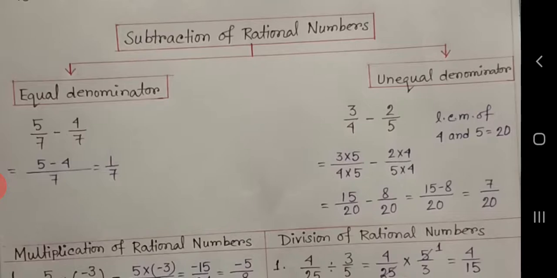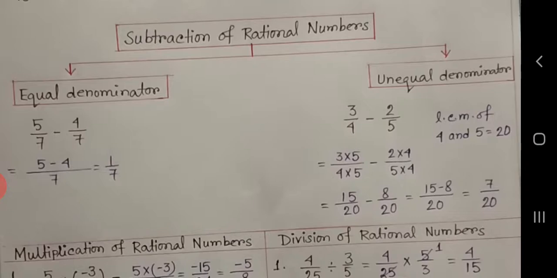So next we shall express the rational numbers with denominator 20. So in the first rational number we have multiplied both the denominator and numerator by 5, and in the second rational number we multiplied both the numerator and denominator by 4 and got the denominator 20.